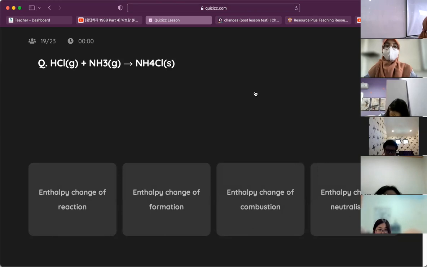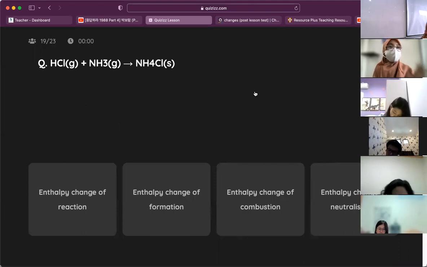The element of hydrogen is H2 gas. Chlorine is Cl2 gas, right? Nitrogen is N2 gas. So we cannot classify this one as enthalpy change of formation because it's not from its elements. Next, if you classify it as enthalpy change of neutralization, it seems like an acid and base reaction.